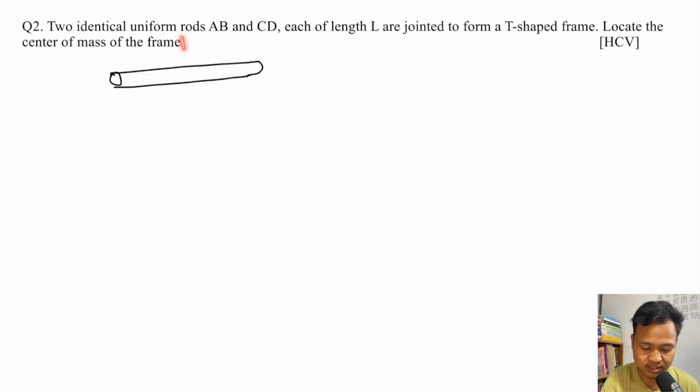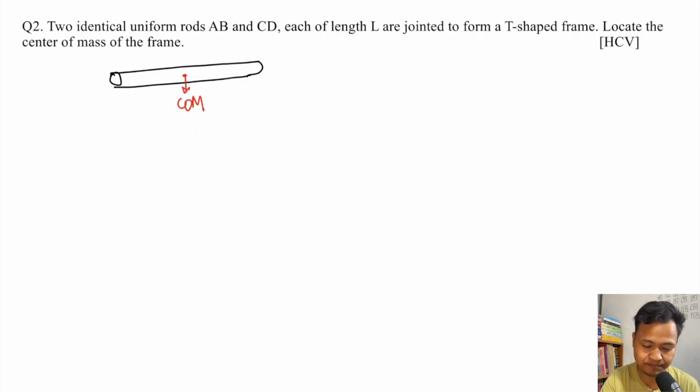So if I cut it here, this side I will have m by 2 and this side m by 2. If I cut into 3, I will have m by 3, m by 3, and m by 3. As it is a uniform rod, the center of mass will be exactly at the center. So this is the center of mass of the rod.